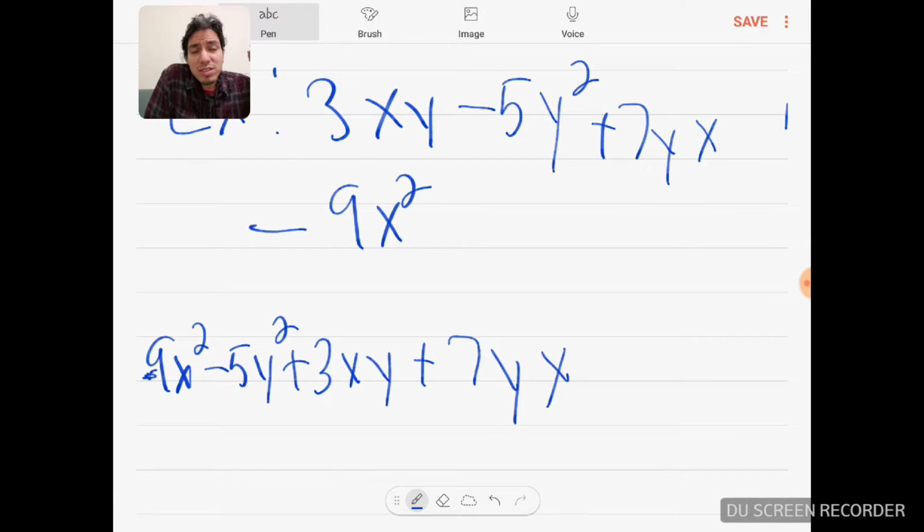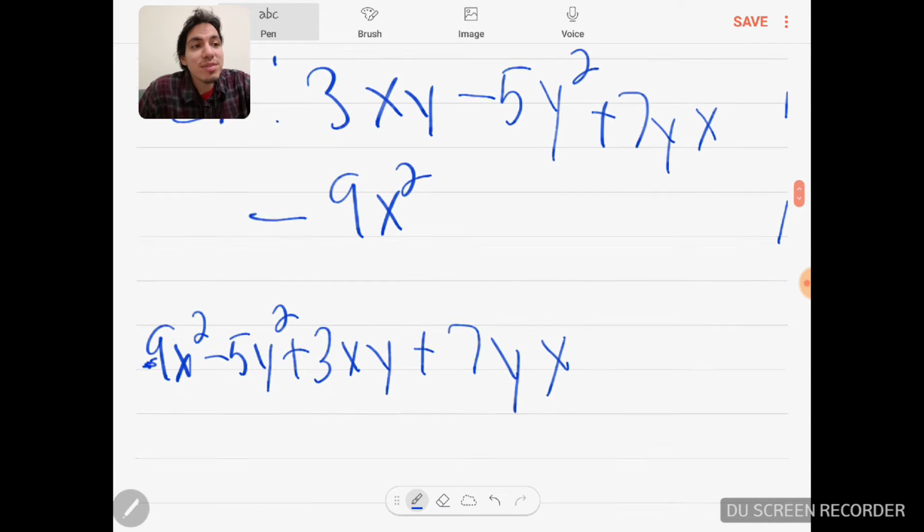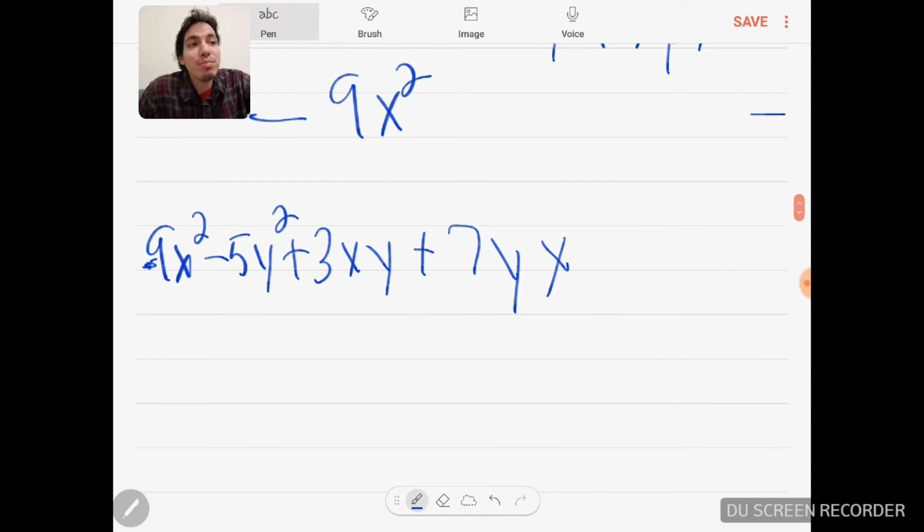Some of you might look at this and just say, well, they're all different. There's no answer to this problem. You just leave it as is, and you'd be wrong. Why? Because plus 3xy is the same as plus 7yx, meaning not the numbers themselves, but the order. Remember, it's commutative.